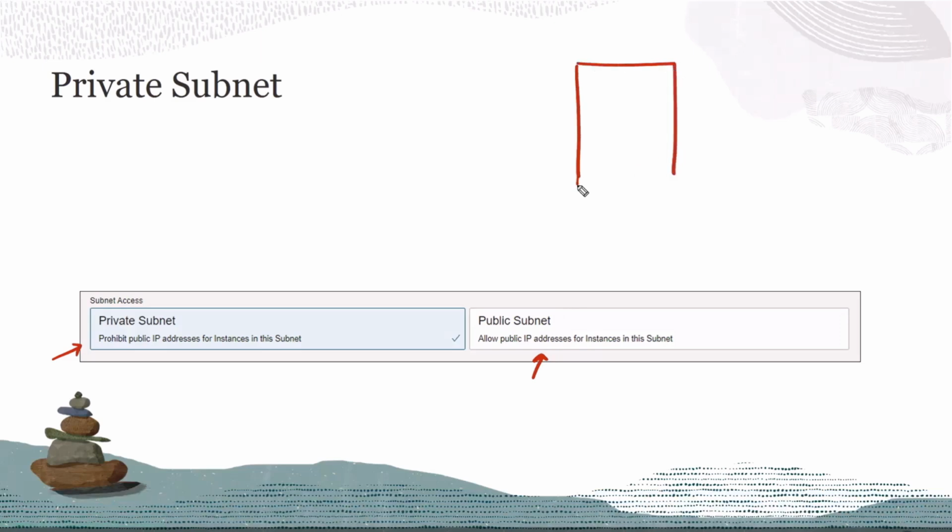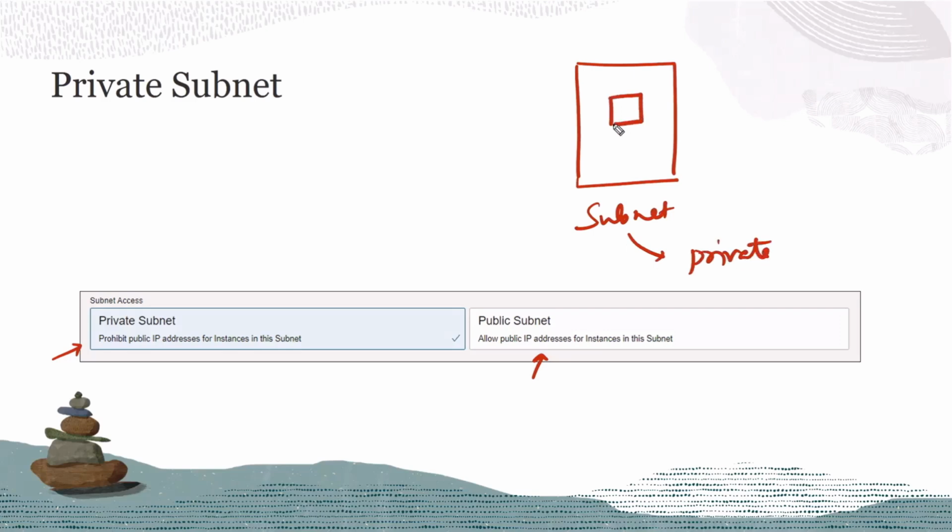So when you create a private subnet, let's say you created this subnet and this is actually private. What would happen? When we are deploying virtual machine instances inside this particular subnet, all these VMs would have in terms of IP address is the private IP address.